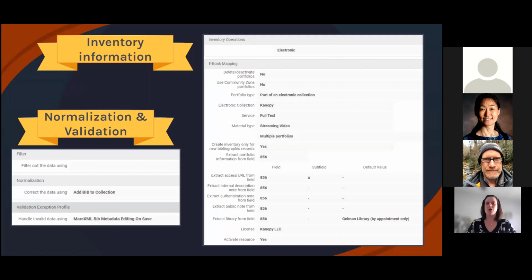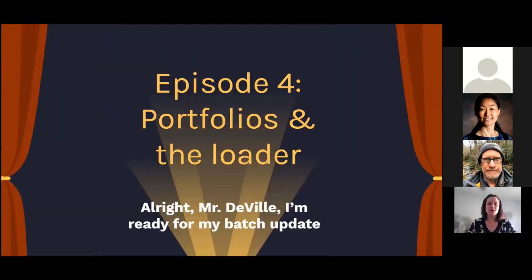We have it turned off so that we don't delete or deactivate the portfolios, because we're doing this manually and we're not using WorldShare anymore. And you can see all of the other things that you can map, and we don't use the note field at all. The import profile will automatically map public notes, but we decided not to use it.